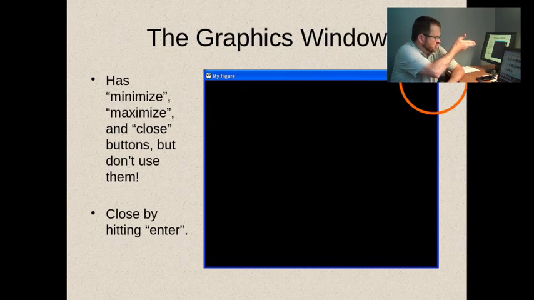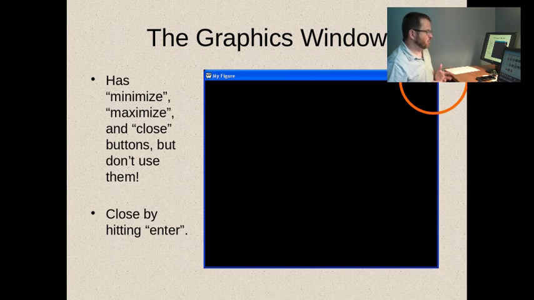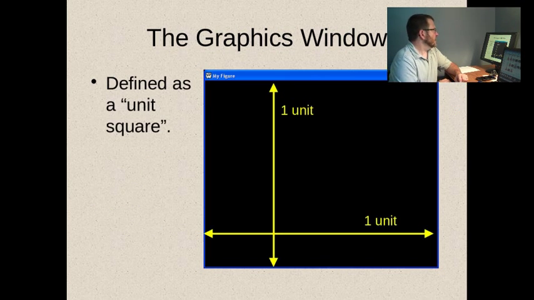If you actually close the window using the X or the red button or whatever is on a Mac, it shuts down the window on the client end, but Chesapeake is still actually keeping track of that window. Whereas if you use the enter key, that launches the gclose commands that you'll be seeing in just a little bit that actually closes down the window. And Chesapeake is no longer expending computer time and memory keeping track of that window.